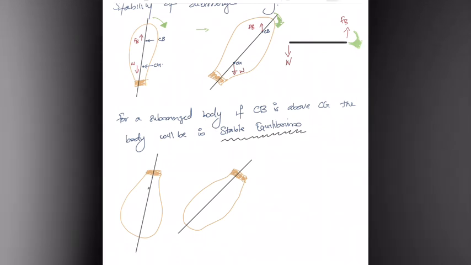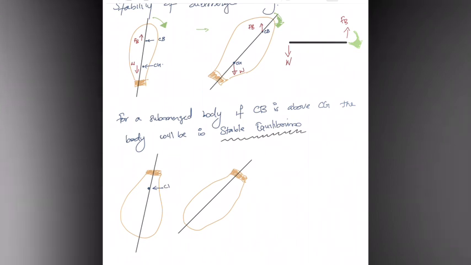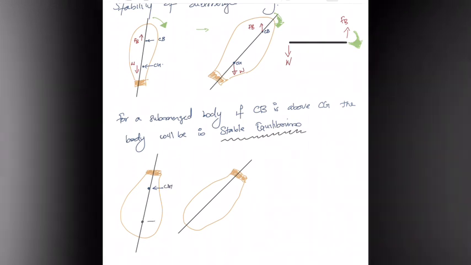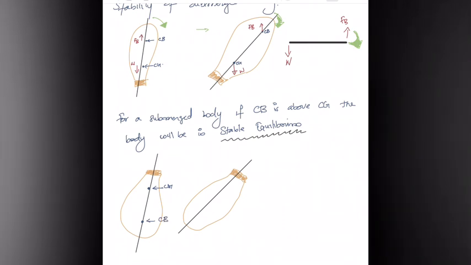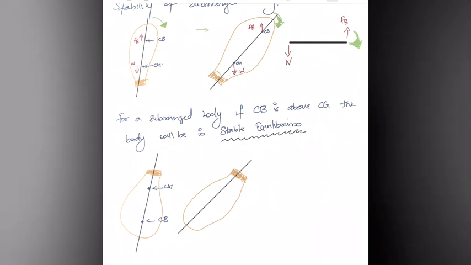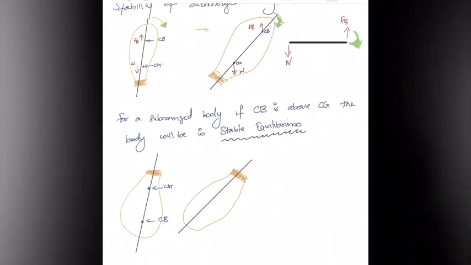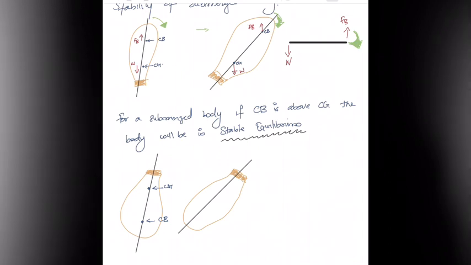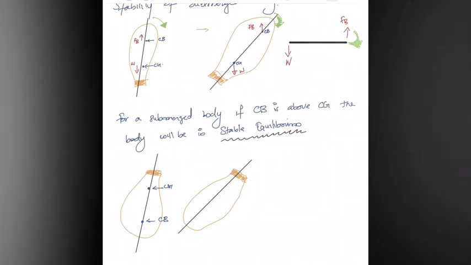Therefore, CG will be at the top and CB will be below CG.